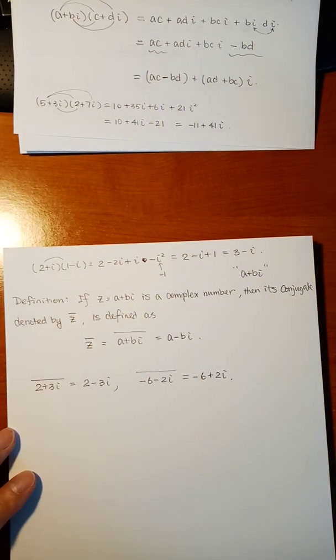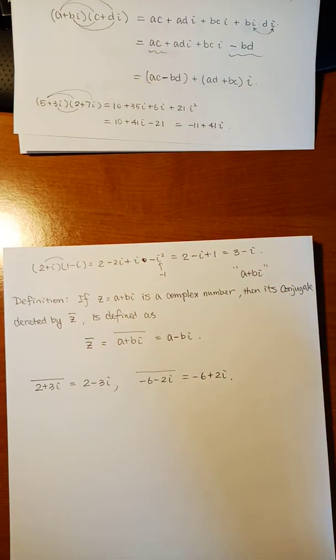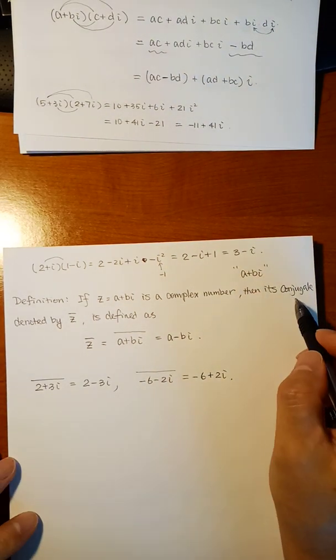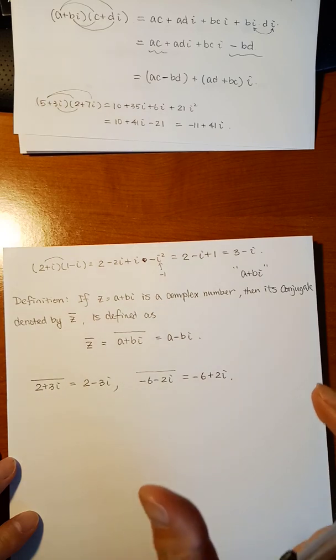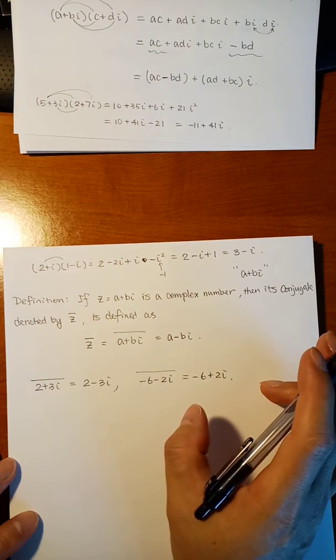So this is exactly the complex conjugate. It's called the conjugate of the original one. It has a pair. This conjugation is about the relation of a pair of two numbers.